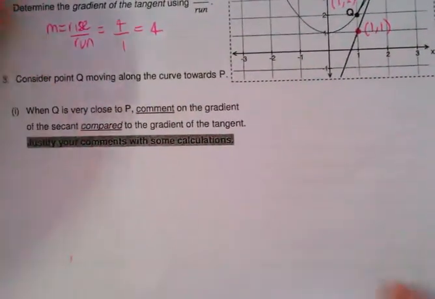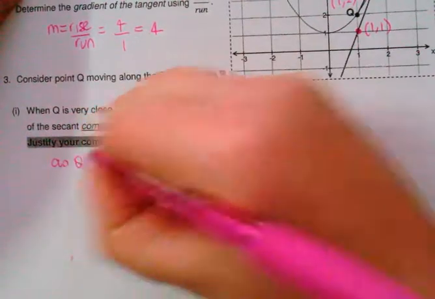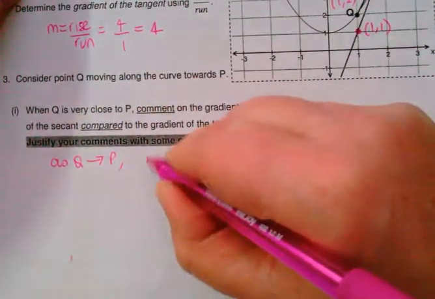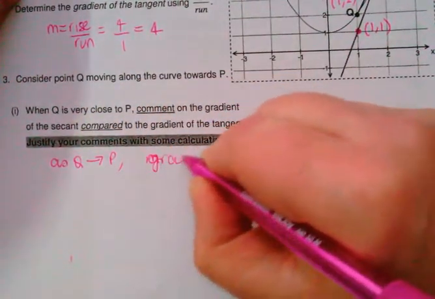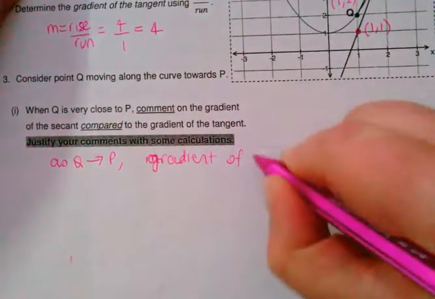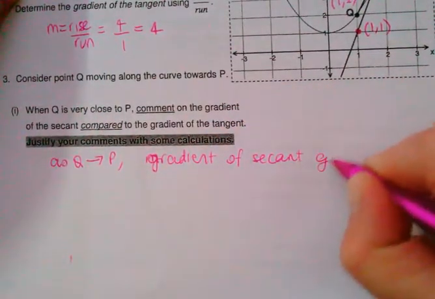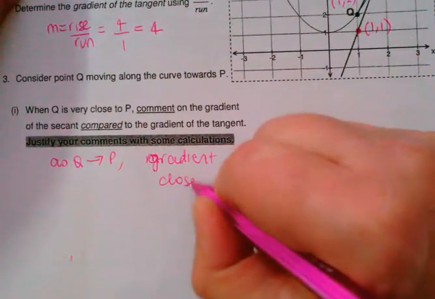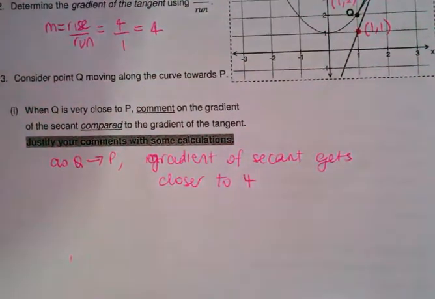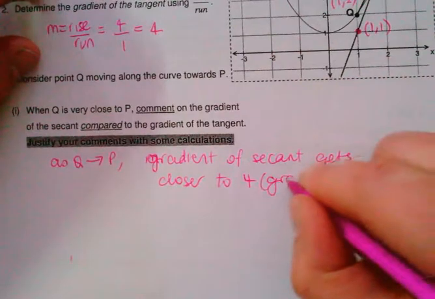As Q approaches P, the gradient of the secant gets closer to 4, which is the gradient of the tangent.